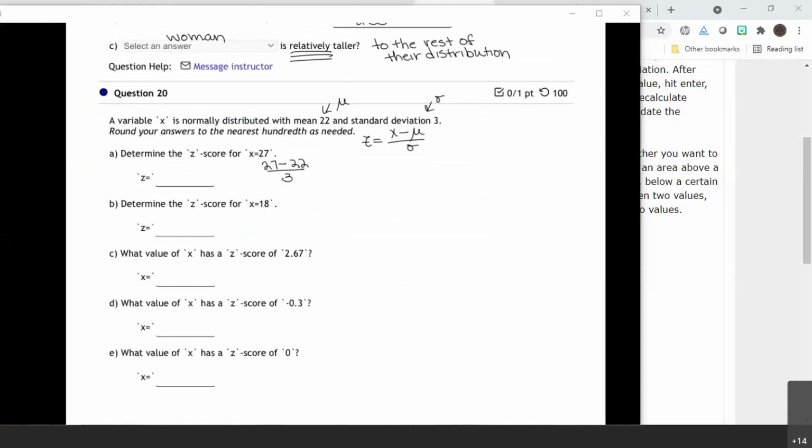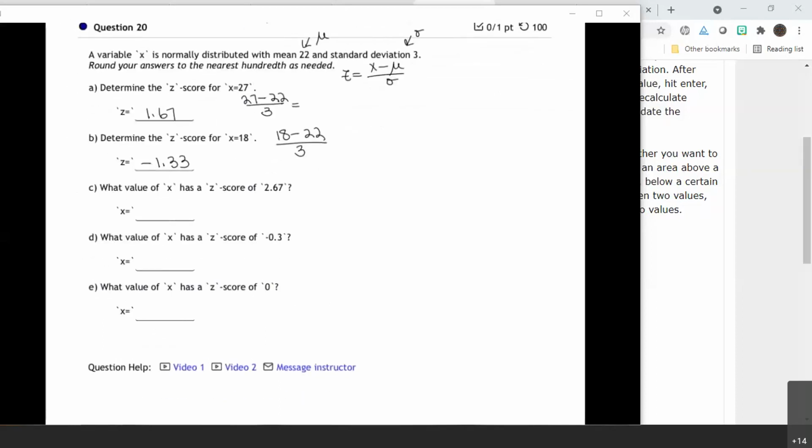That gives you your z value, and this gives me 1.67. For 18 minus 22, notice I'm going to get a negative z-score because 18 is below the mean. This gives me negative 1.33.